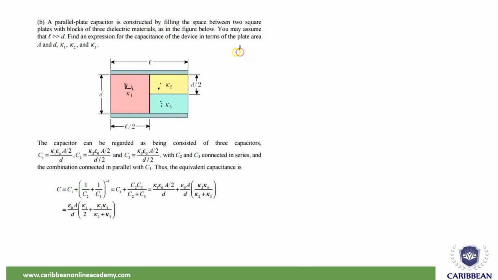So remember, in series, to find the total capacitance, you have to say 1 upon CT is equal to 1 upon C1 plus 1 upon C2. Or we could make it short to say that CT is equal to C1 times C2 divided by C1 plus C2. Good?